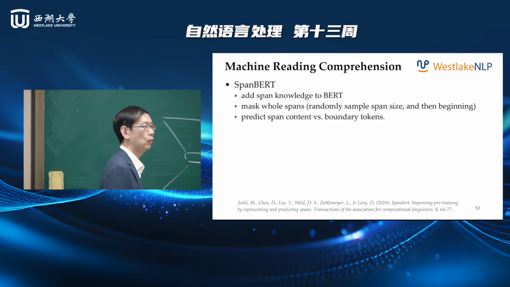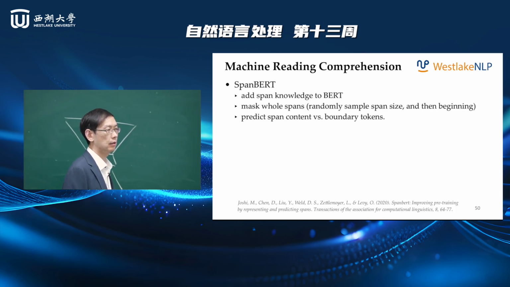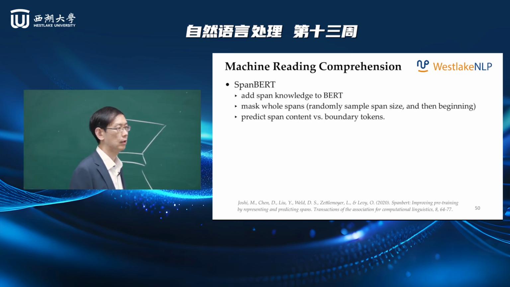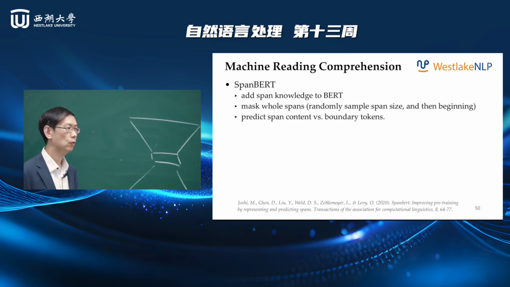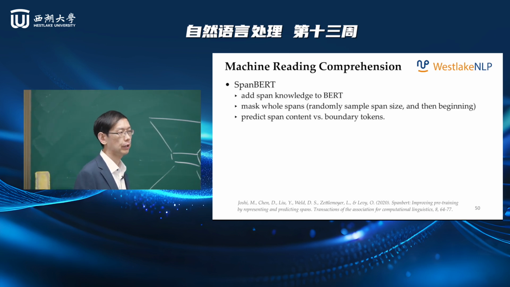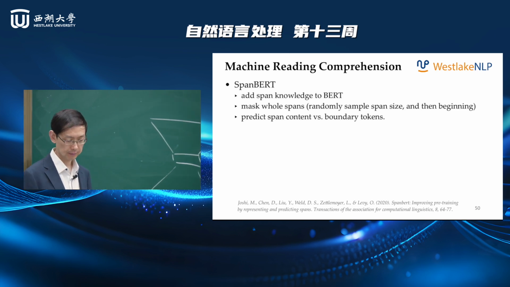But here, we can have a better way to allow BERT to predict a span. This method is called SpanBERT. The idea is we can add a span prediction as a pre-training objective function to distill span information into BERT.